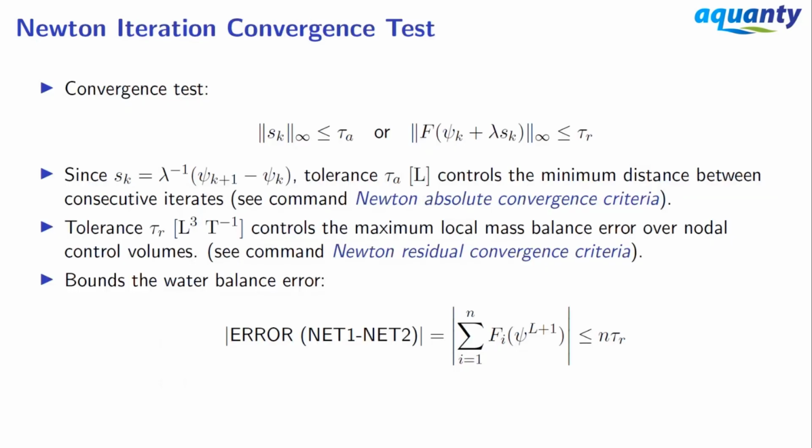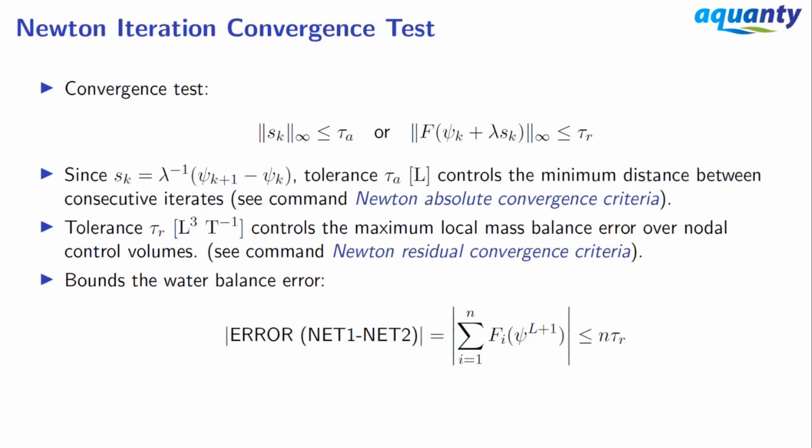Okay, so there are two convergence tests that the Newton iterations use. The first test is based on the size of the Newton step vector, and the second is based on the nonlinear residual. So the absolute tolerance controls the minimum distance between consecutive iterates, and that's controlled by the Newton absolute convergence criteria. And then the residual tolerance controls the maximum local mass balance error over the nodal control volumes.